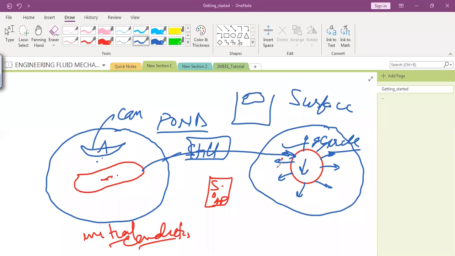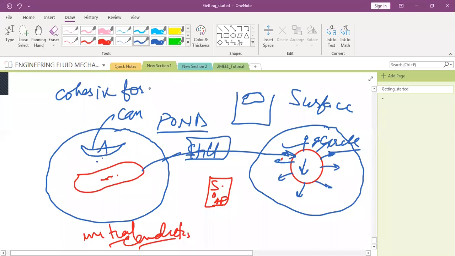Himmat, you have raised your hand. What is your query? Sir, the soap reduces the surface tension? Yes, it reduces the surface tension. What is surface tension? It is the cohesive force between water molecules.